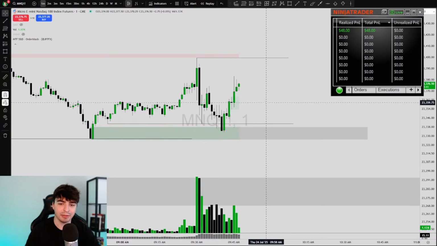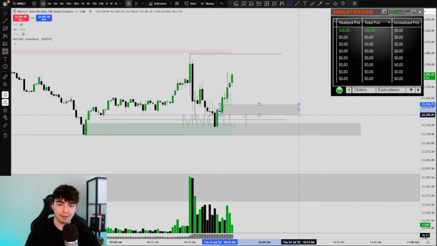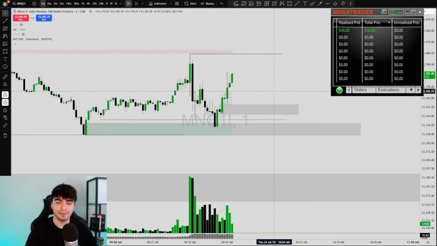Am I going to trade it? Probably not. Although it did not mark out this zone, which that is 1, 2.